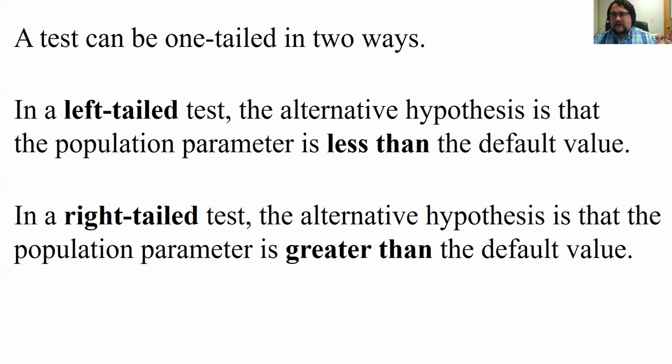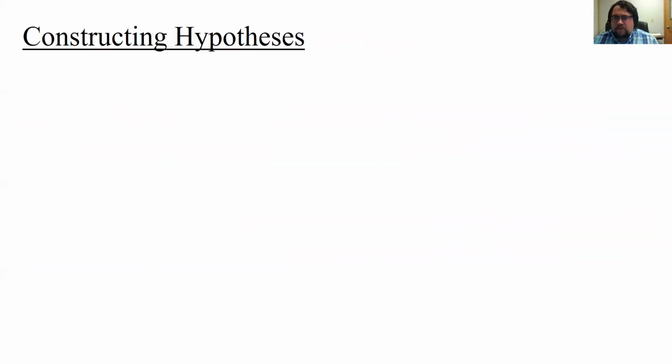And what that's going to mean is we're going to give ourselves a certain level of, I'm willing to be wrong by this percent. I'm willing to have a 5% chance I would be wrong. We're going to put it all on one end. We're not going to split that 5% into both ends. We're just going to say it's all on that end there. That's going to give us a little bit more wiggle room to reject the null hypothesis in that case. And we'll see how this all works out.